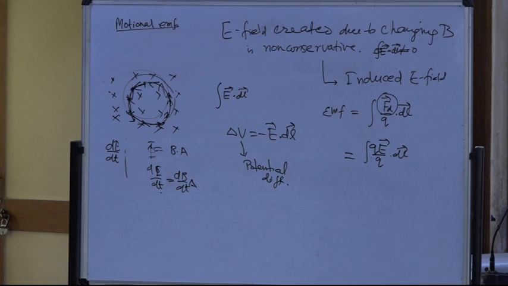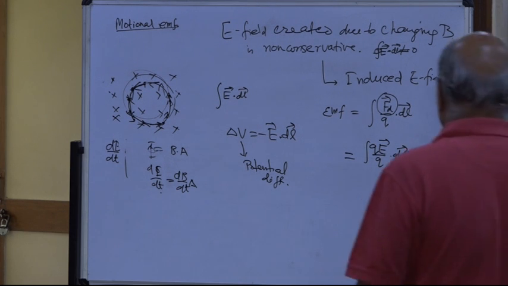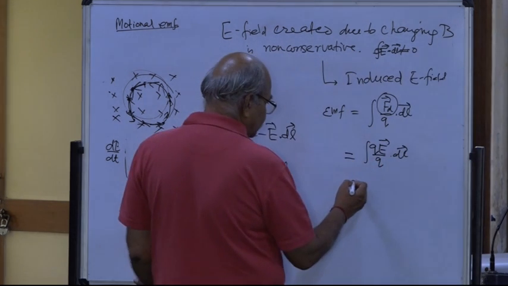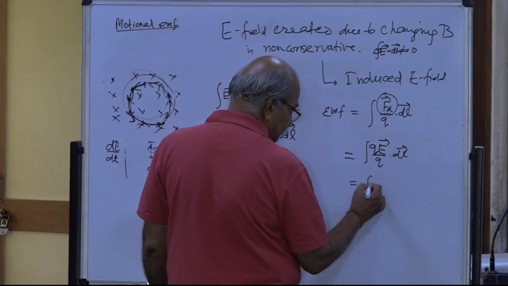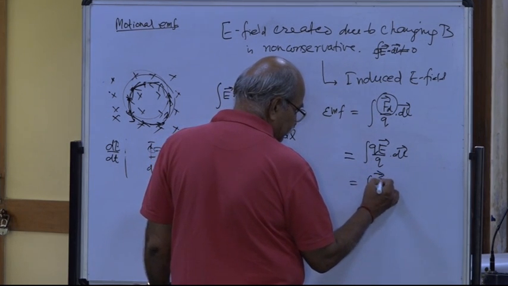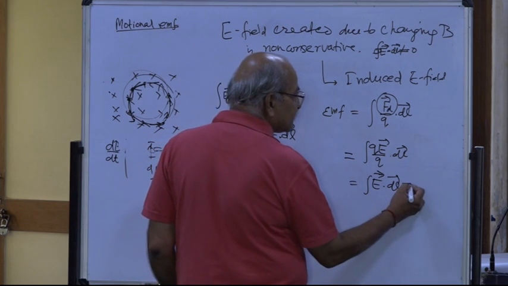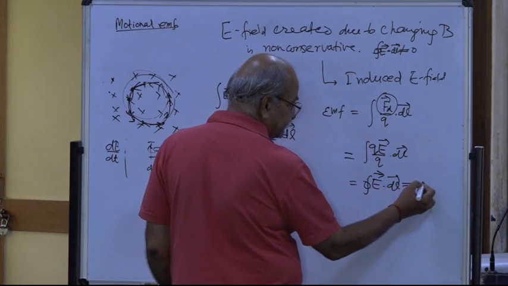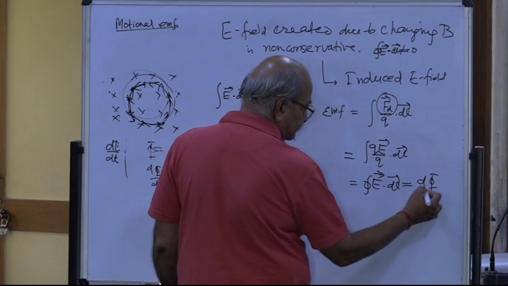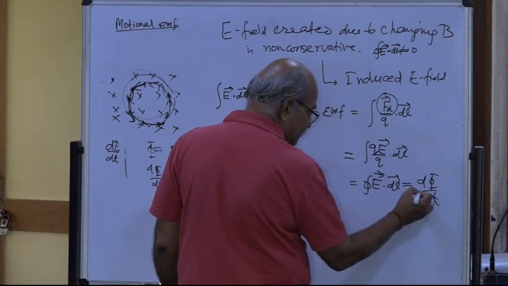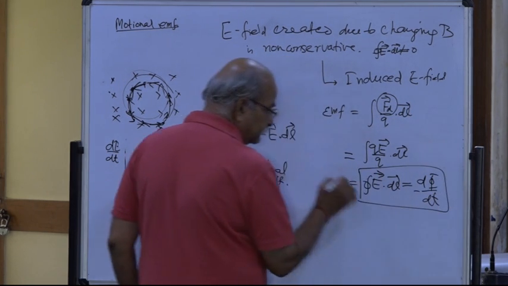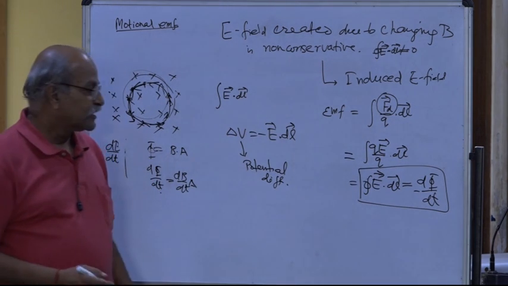Okay, and therefore this E dot dl is your EMF. And that turns out to be minus d phi dt if it is a closed loop. And that is Faraday's law. This is Faraday's law.